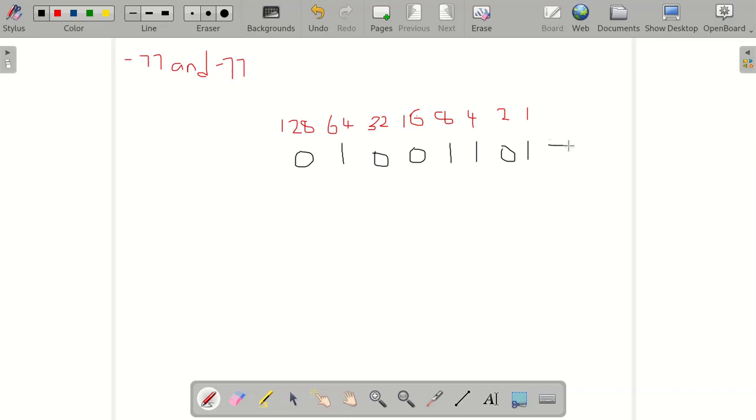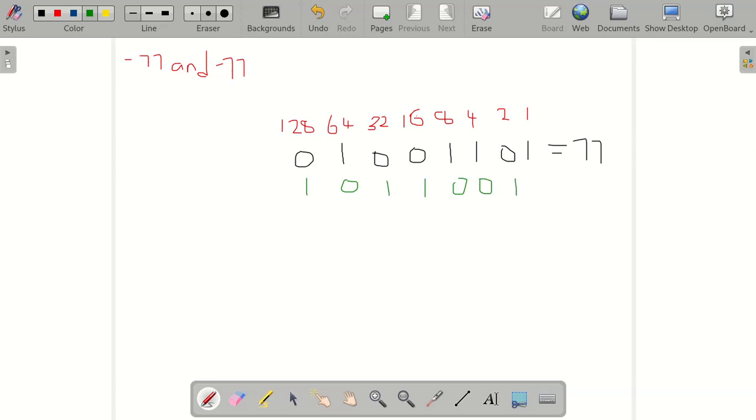Now this is just 77, but we want -77. It's affected by a complement because it's a negative. Here we are saying 1's complement. 1's complement, as we know by now, is simple. We just flip the numbers. A 0 becomes a 1, a 1 becomes a 0, and so on.